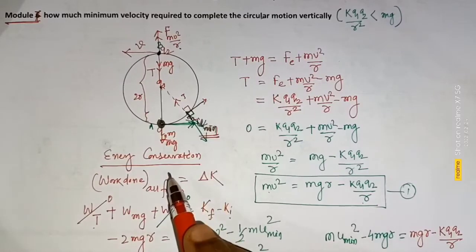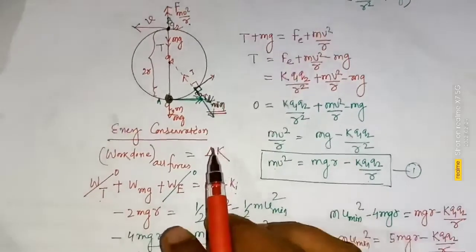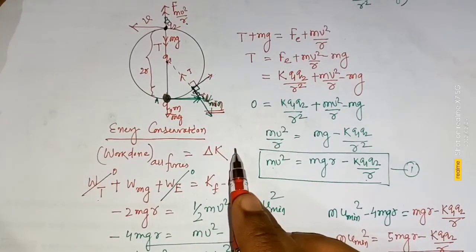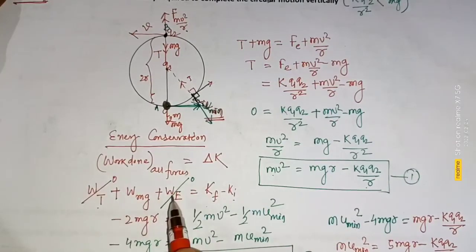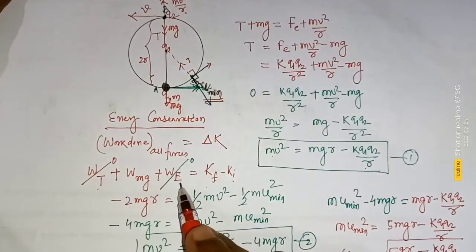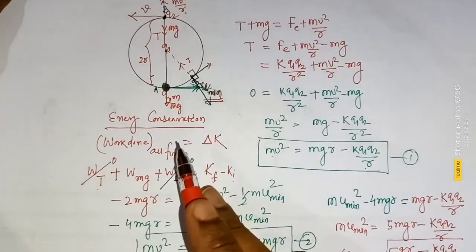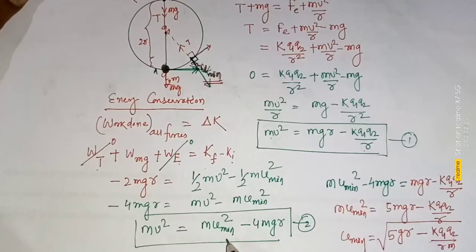Again, the other principle we use is energy conservation: work done by all forces equals change in kinetic energy. Here we look at three forces: tension, electrostatic force, and mg. Work done by tension and electrostatic force is 0, as force and displacement are mutually perpendicular, and using this concept we get equation 2.